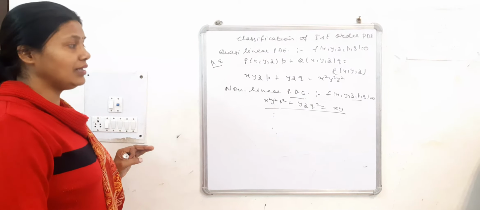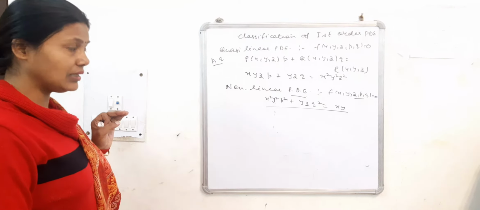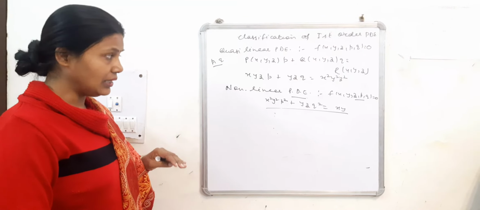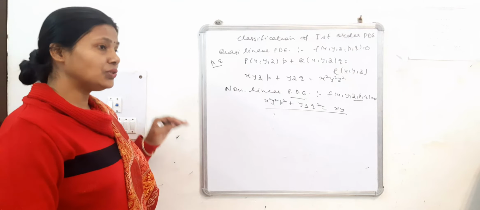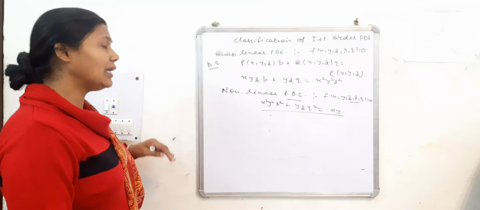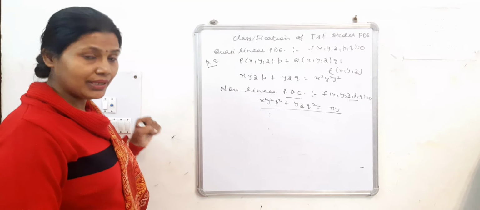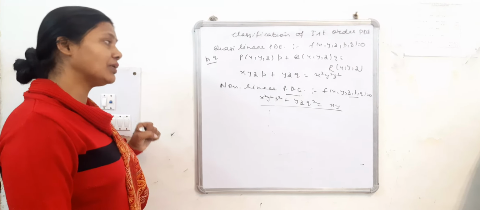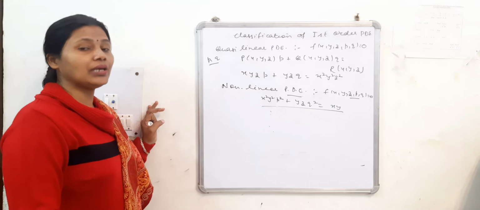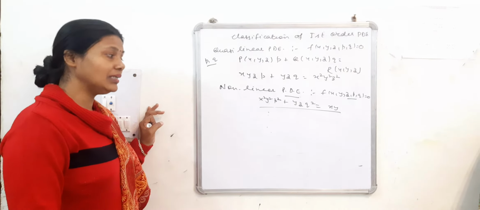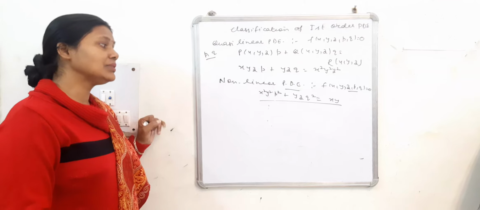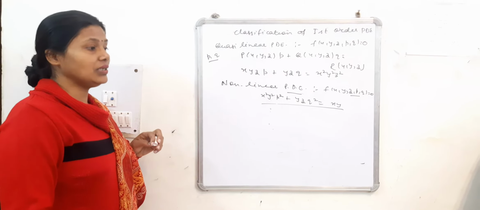Linear means you people are very well aware that the coefficients of p and q and z are linear, and in semi-linear the coefficients of p and q are functions of x and y only, and in the quasi-linear it is linear in p and q and the coefficients of p and q can be functions of x, y and z, and in the non-linear the power of p and q can be more than 1, means they have a degree more than 1, that comes under the category of non-linear partial differential equation.